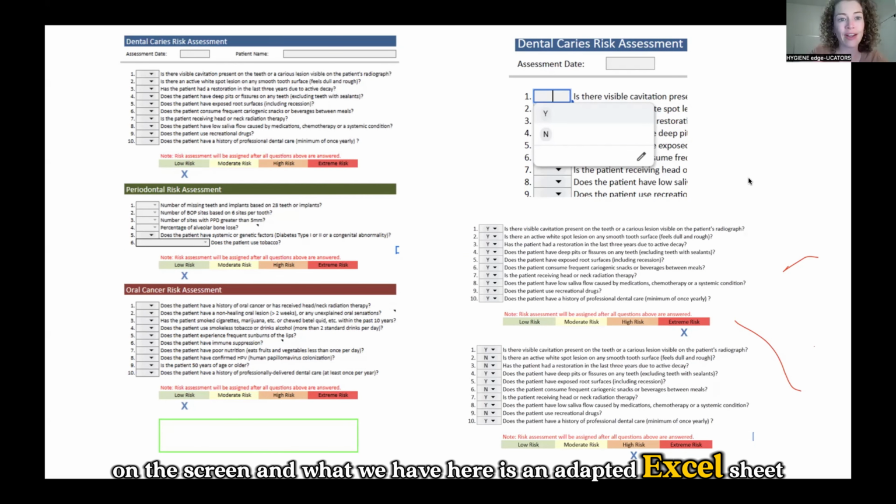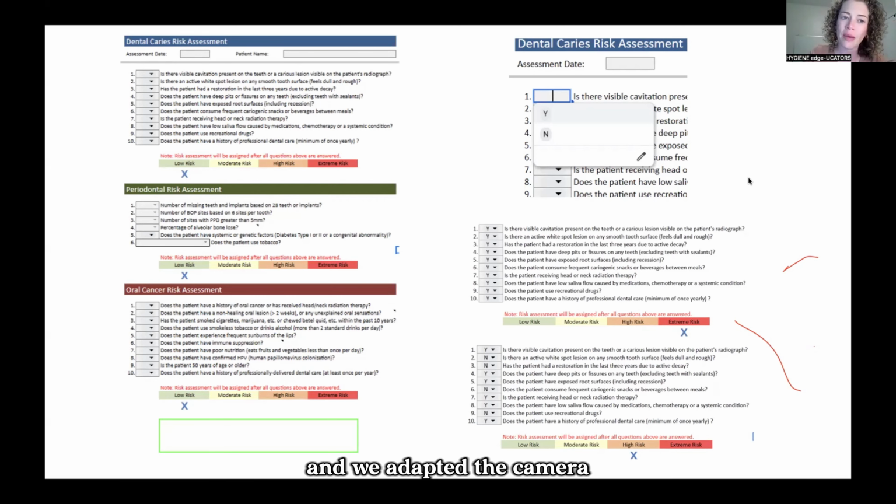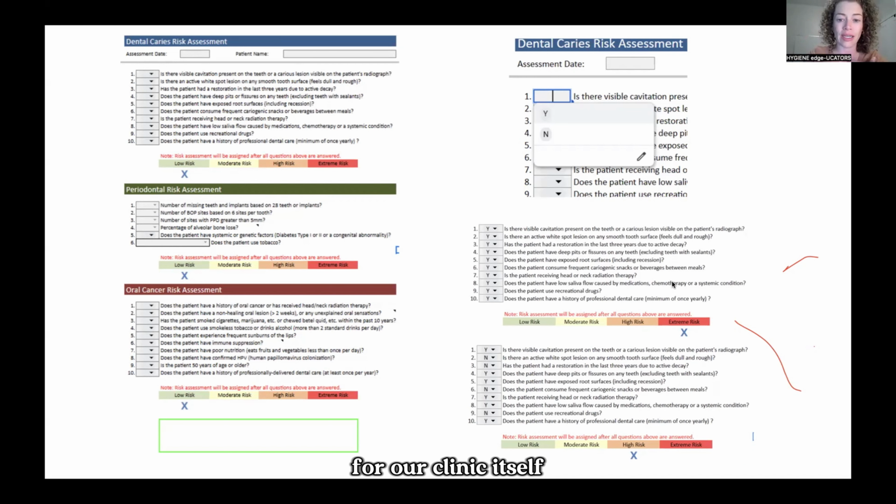And what we have here is an adapted Excel sheet. You can do it in Google, you can do it in whatever Sheets program that you enjoy using. And we adapted the Canberra aspects of all of the resources that Shelley just shared with you for our clinic itself.